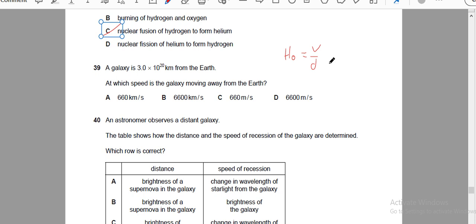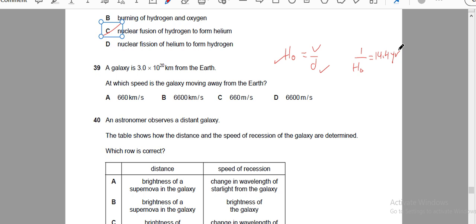And as we have the distance and we have the Hubble constant, you should keep it because it is easy to remember. Its inverse gives the age of universe, which is 14.4 billion years.